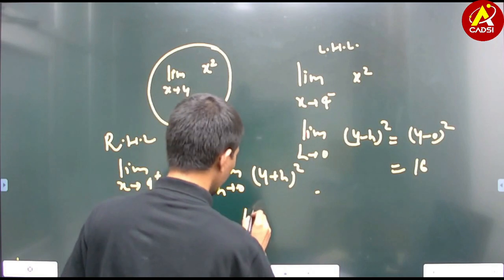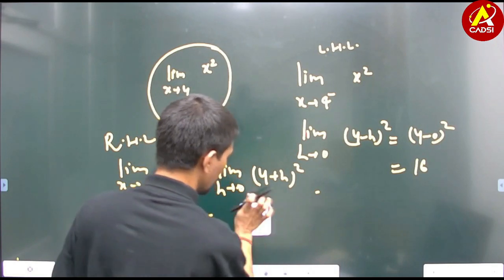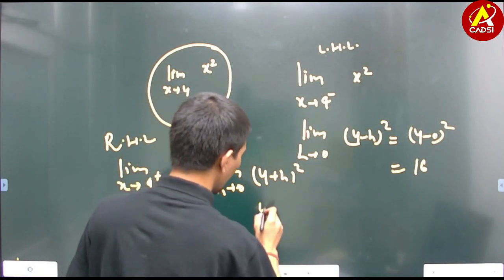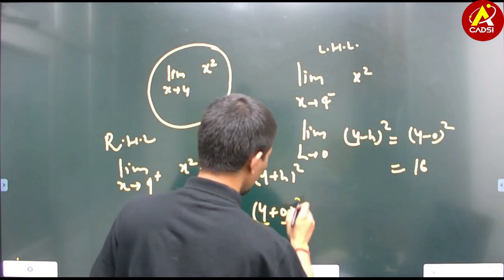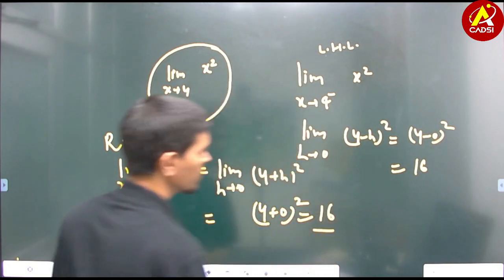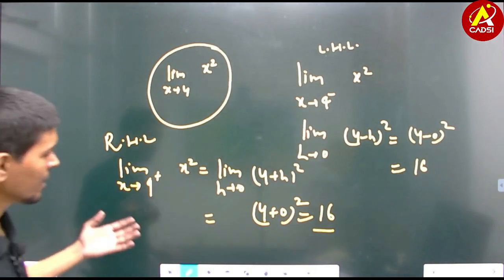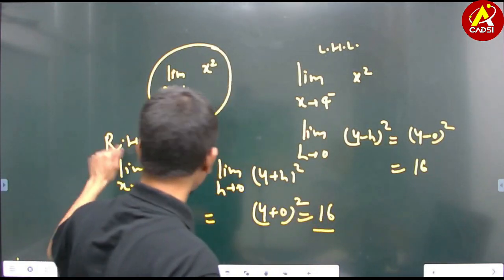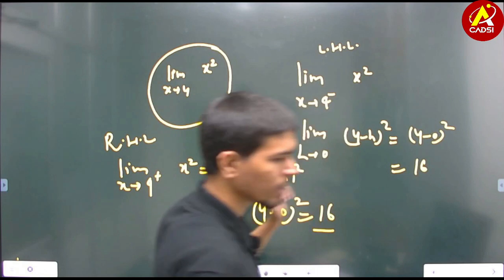So here it is 16, because (4 plus 0) square equals 16. So we can see that the right hand limit and the left hand limit both are the same.